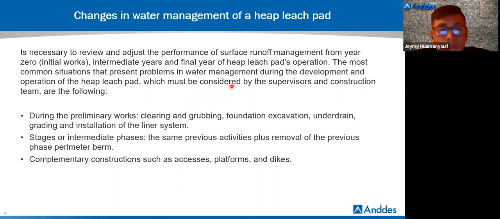Also, a stage or intermediate phase, because the perimeter of the operation zone is very far from the final phase. And complementary construction or building such as access, platform, and ducts.